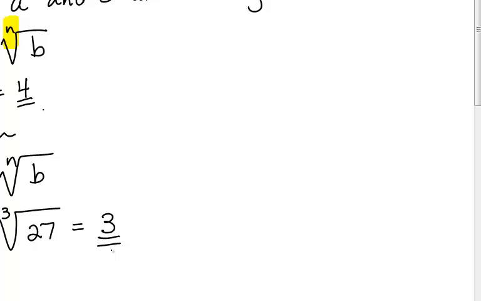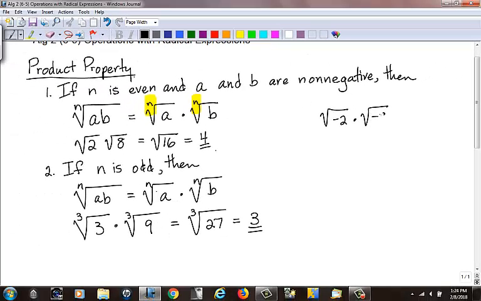So on this product property, another example, let's say I did the square root of -2 times the square root of -8, and that would be the square root of 16, which would be 4.